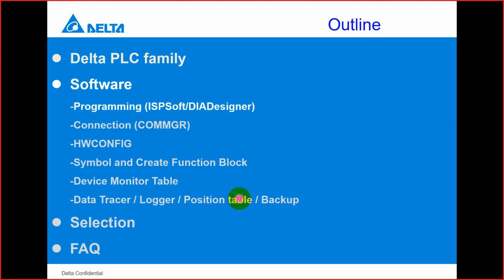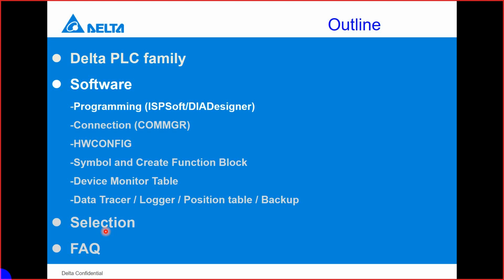So that's why Delta's BG invested R&D resources to develop the DIAStudio, which is similar to Siemens TIA Portal. So DIADesigner basically will cover PLC, temperature controller, servo drive, and inverter.